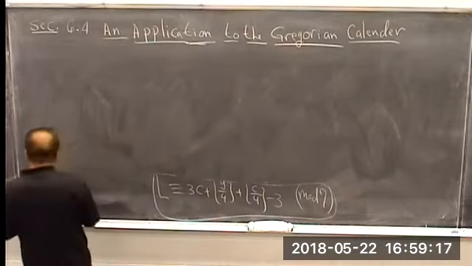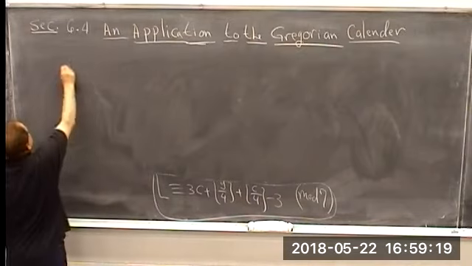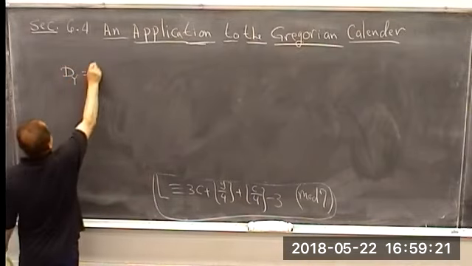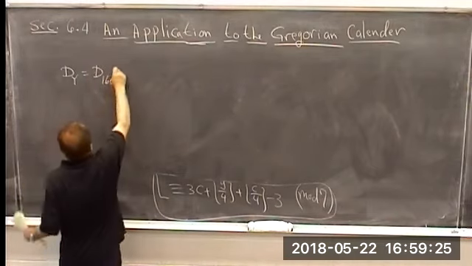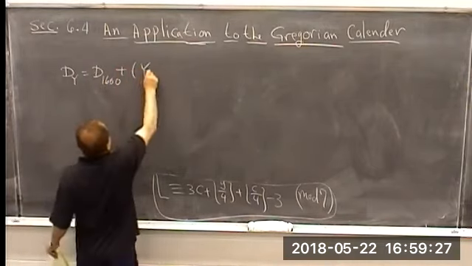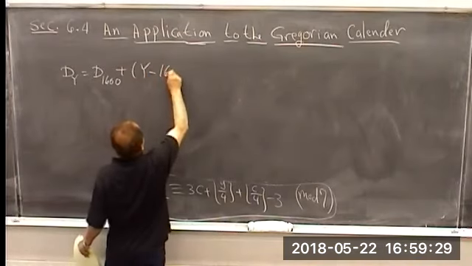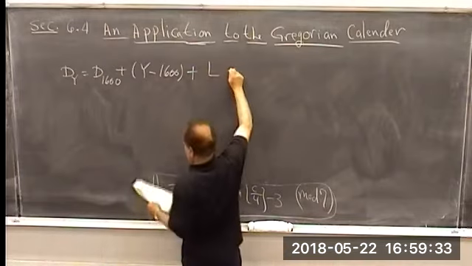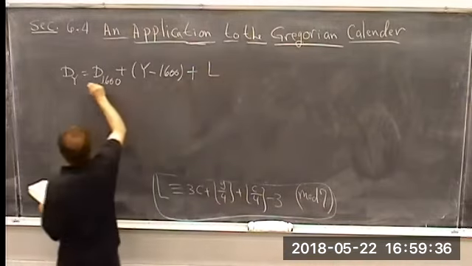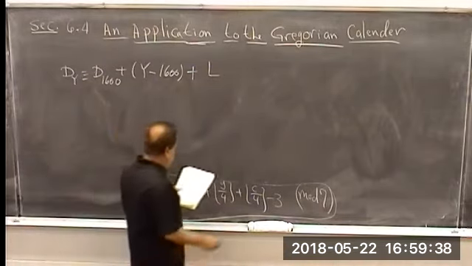Remember earlier we have this formula, dy is equal to d1600 plus y minus 1600, so the total number of years plus leap years, and this is congruent, we're going to say mod 7.